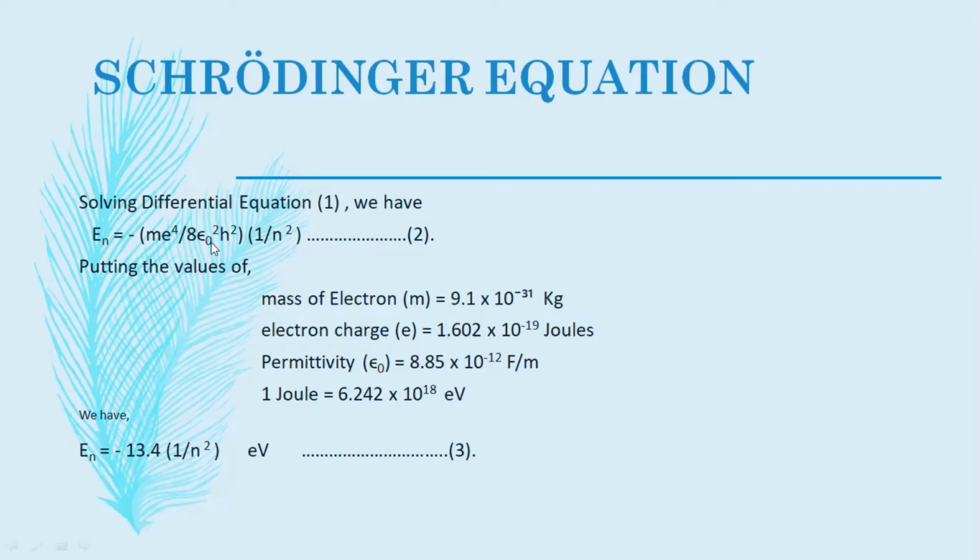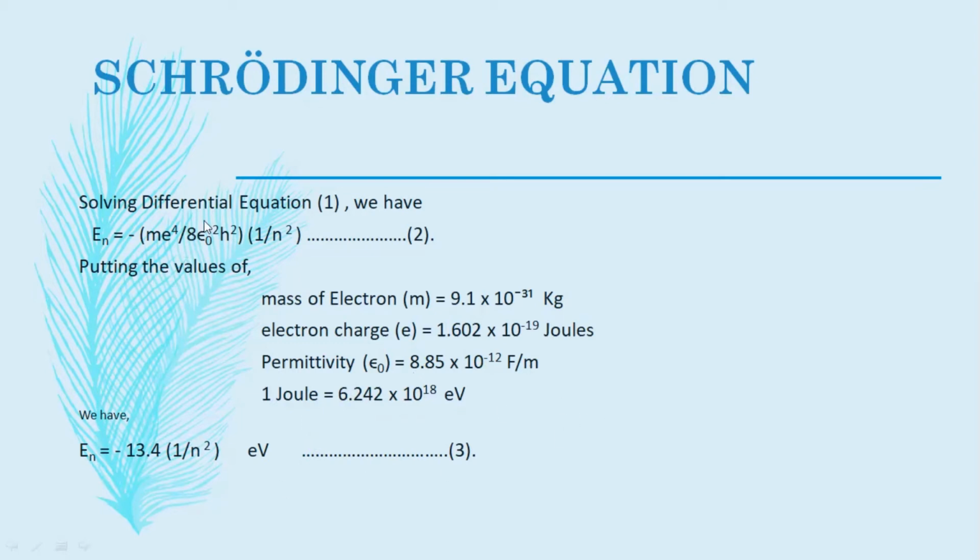ε₀ is the permittivity of air, 8.85 × 10^-12 farad per meter, and one joule is equal to 6.242 × 10^18 electron volt.